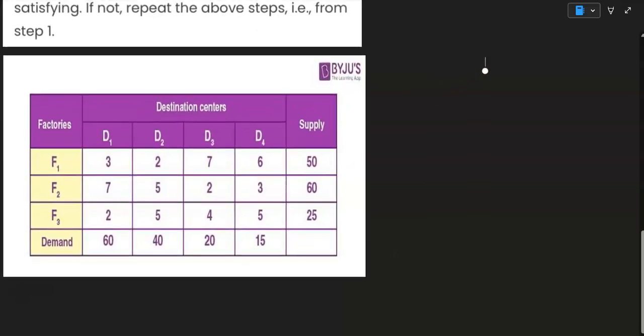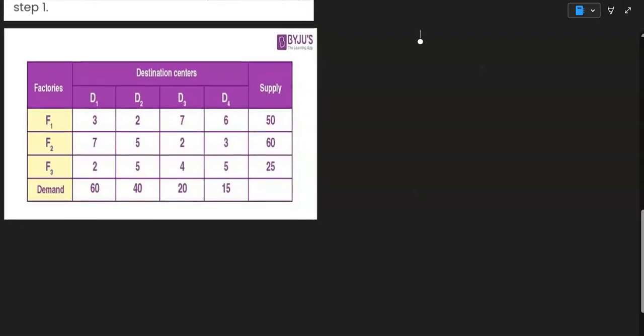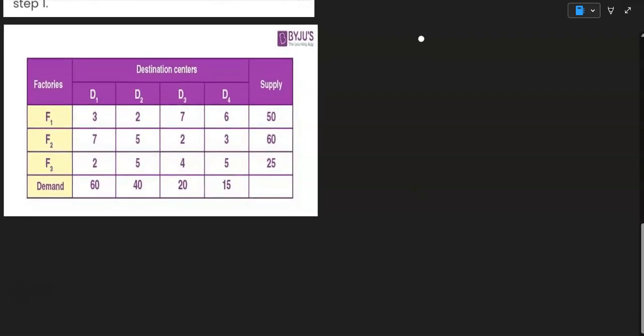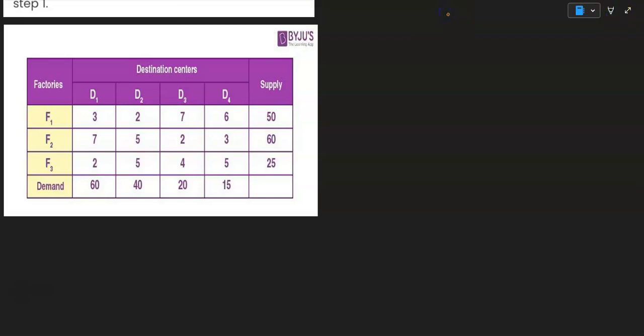Here is a problem we have. We have factory 1, factory 2, factory 3. And factory 1 is producing 50, factory 2 is producing 60, factory 3 is producing 25.